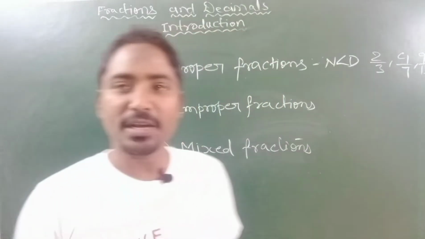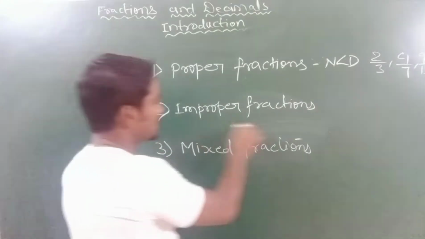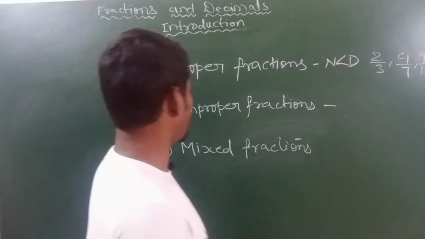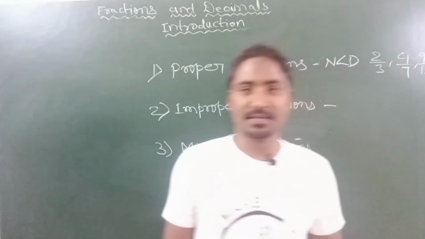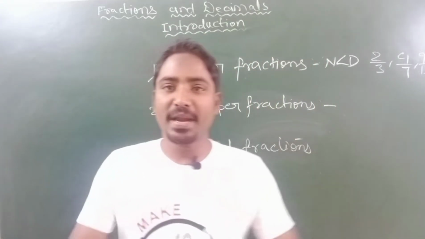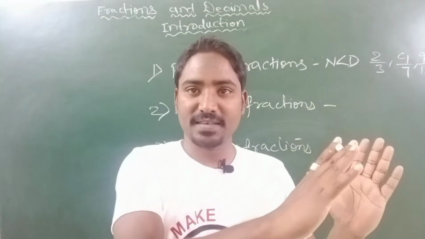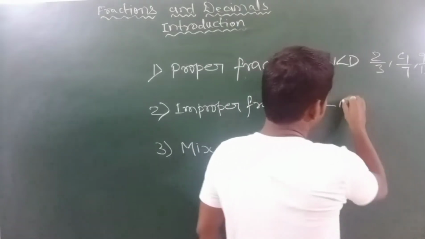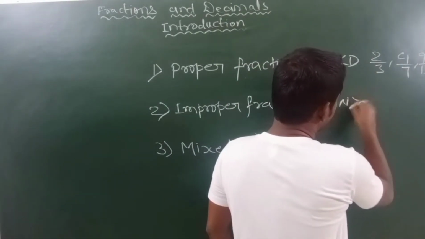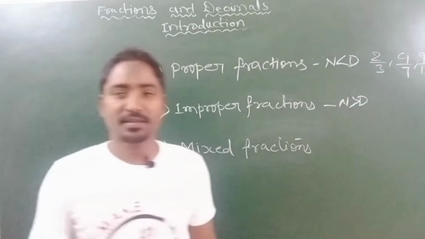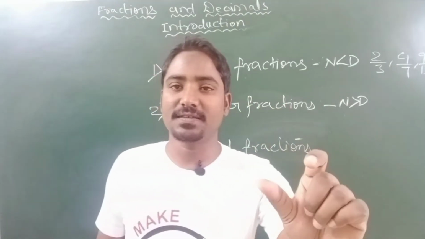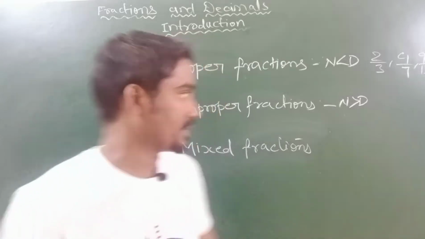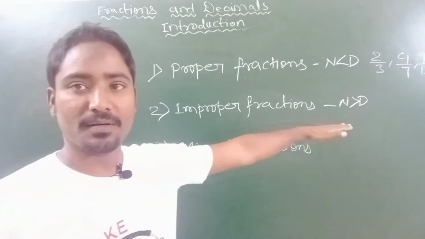Now coming to the next type of fractions, that is improper fractions. What are improper fractions? Just opposite of proper fractions. When numerator is greater than the denominator, then such type of fractions are categorized as improper fractions.